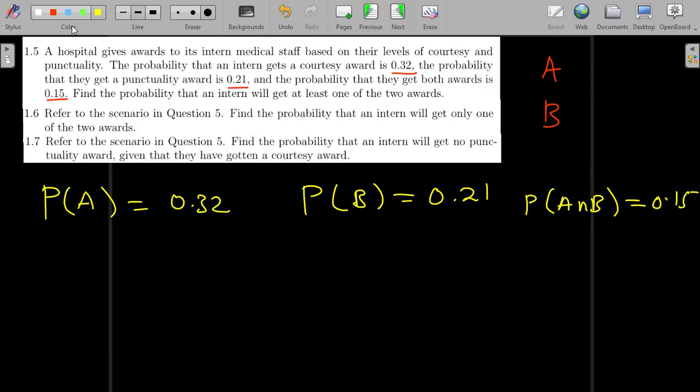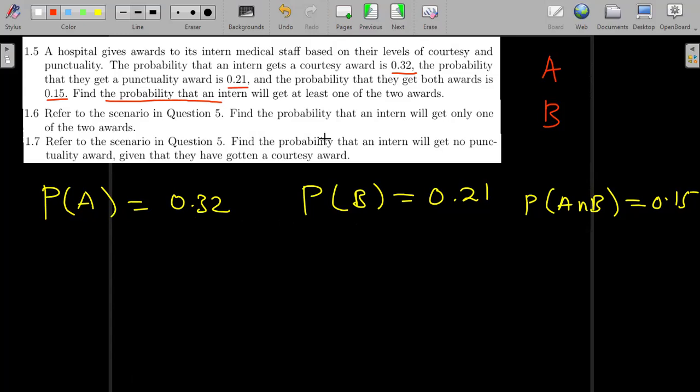Now what they're asking us is to find the probability that an intern will get at least one of the awards. So you can get just one, like the courtesy and that's all, or just one for punctuality, or you can get both. That's what it means to be at least one.